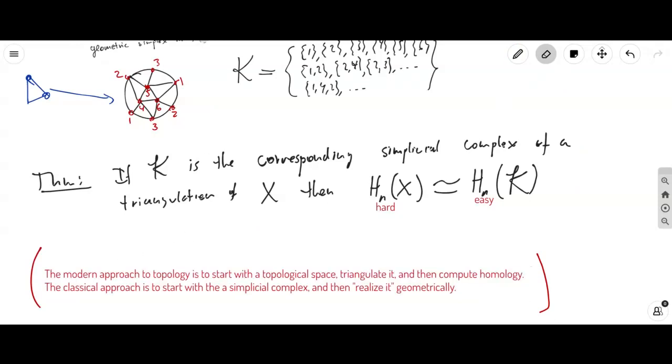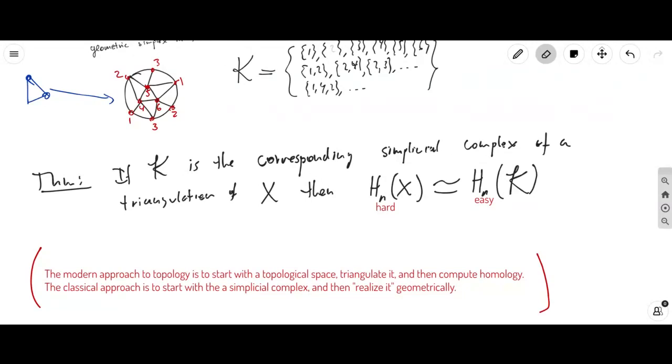The modern approach is, of course, better because you're ultimately interested in the topology and not in the combinatorics. And with the modern approach, you do not care how you triangulate, because at the end of the day, you're just calculating the homology of the space. The simplicial complex that you're getting is just a choice of triangulation. But in the end, you're describing the same space.